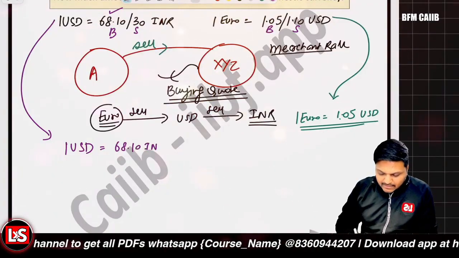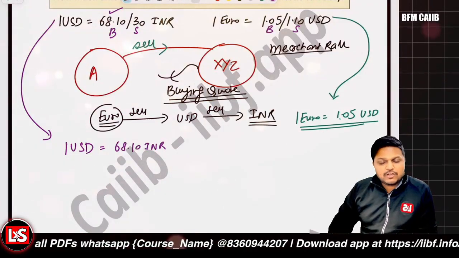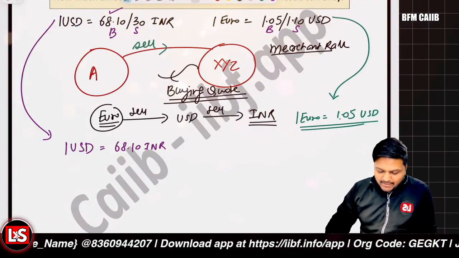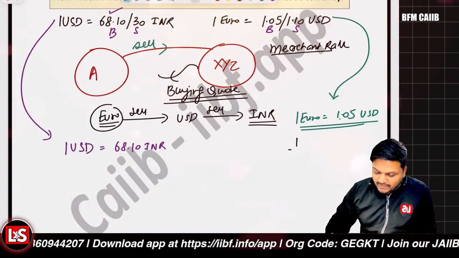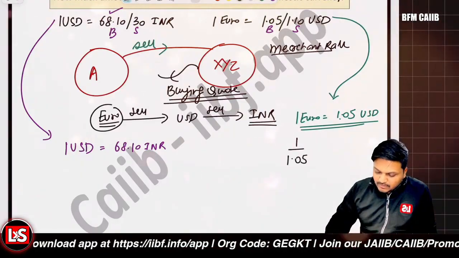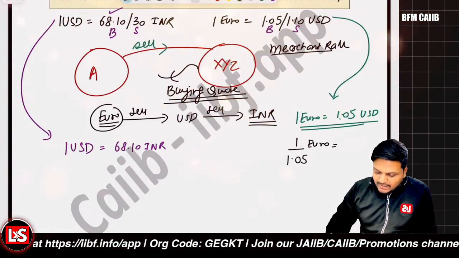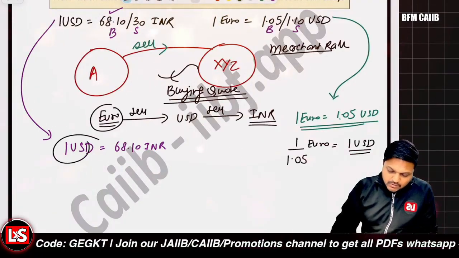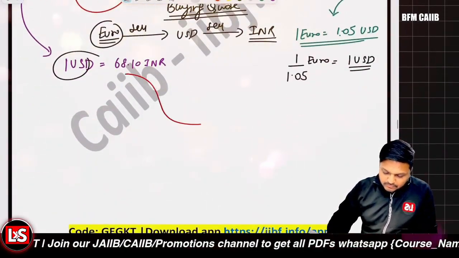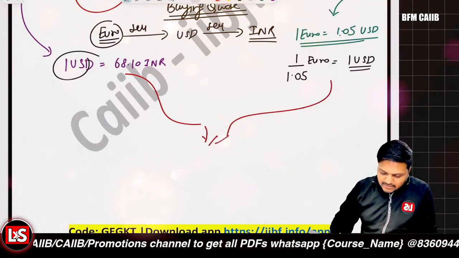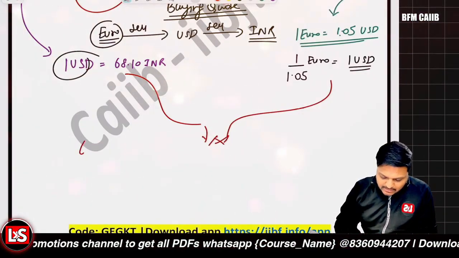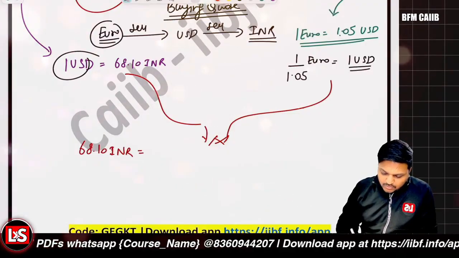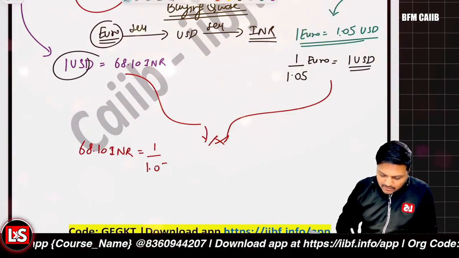So it is 68.10 INR. That's it. Now, can you be equating these two? Not so far. We have to make this equation in a manner that we can be equating these two. So it will be 1 USD is equal to 1 divided by 1.05 euro. Now you can be equating these two sides. So from these two, we can be saying that 68.10 INR is equal to 1 divided by 1.05 euro.